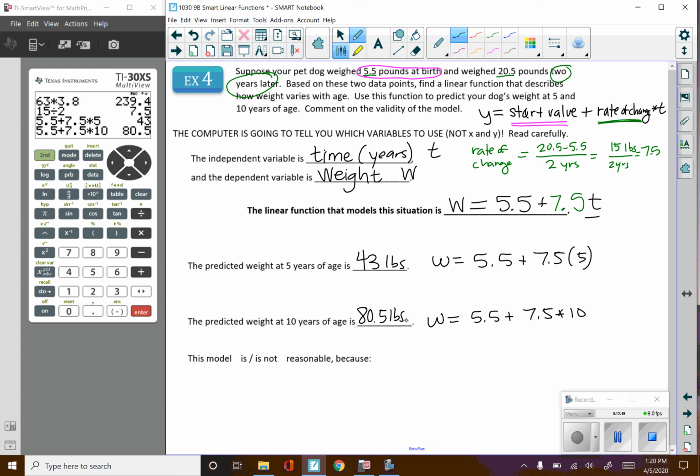The last thing it'll do is it'll have a multiple choice section where you have to comment on whether or not you think that this model is reasonable. So in this case, it's probably not reasonable. We don't gain weight in a linear manner, neither do dogs. Dogs will grow really fast at first, then the rate slows down.